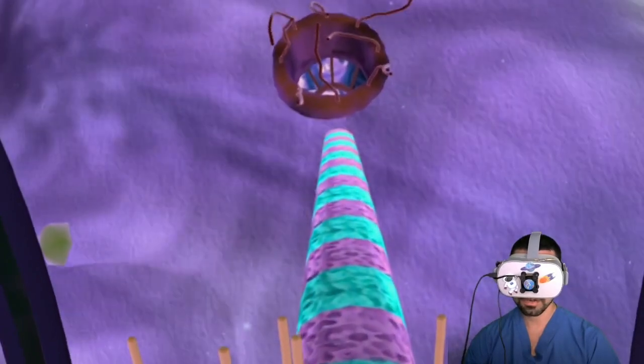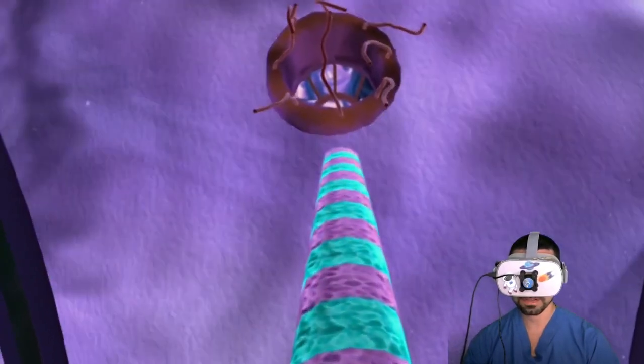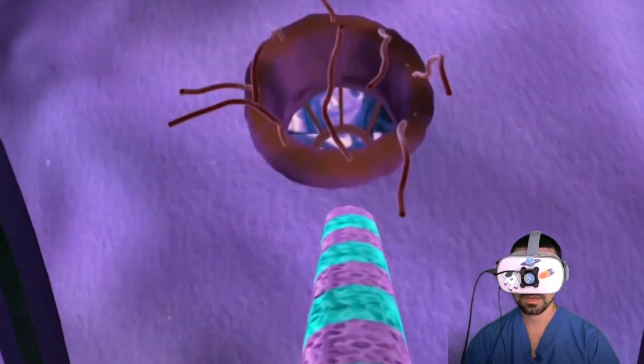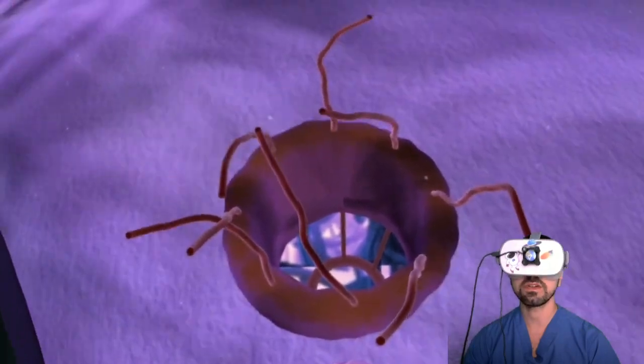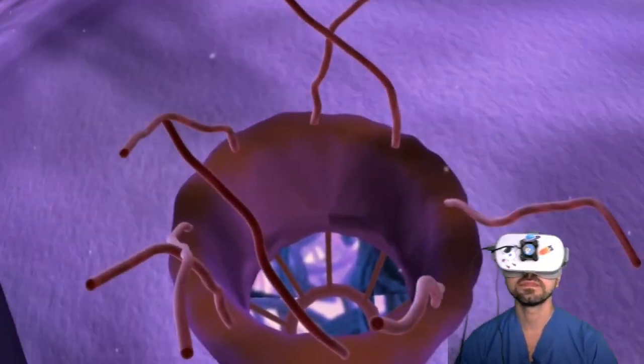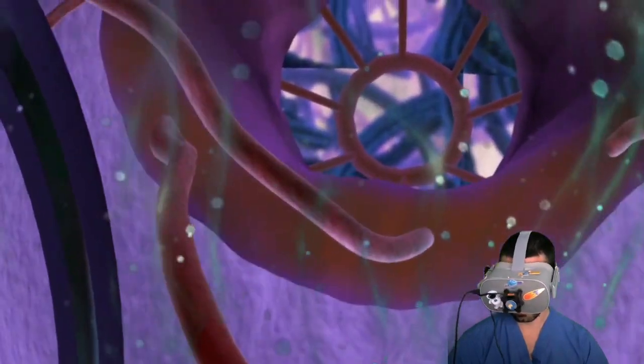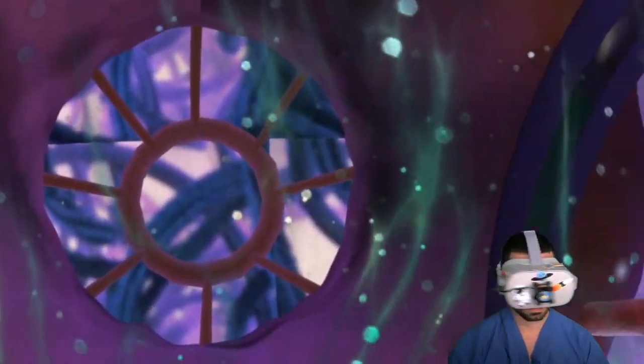These basically are the guards. They're going to filter everything that's going in and going out. Luckily, we have a VIP access to go there. Hello, filaments. Okay, we're going through. We've been cleared.